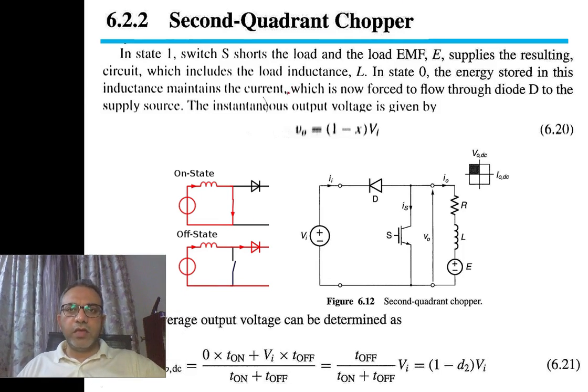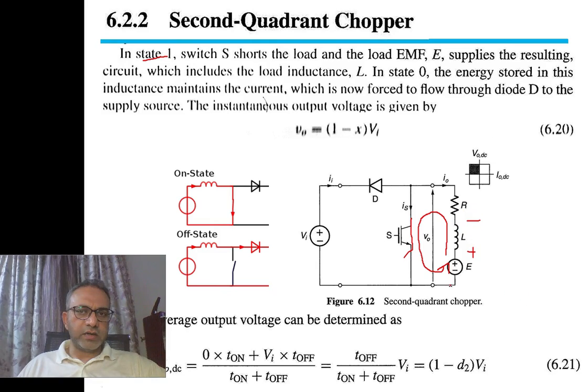The author has written in state 1, switch S shorts the load and the load EMF E supplies the resulting circuit, which includes the load inductance L. That is, this is state 1, when the switch is short circuit. If we look at the second quadrant, when it is state 1, at that time this switch is short circuit. As a result, the back EMF charges the inductor, and this is positive and this is negative. So this is what is happening when switch S is short circuit.